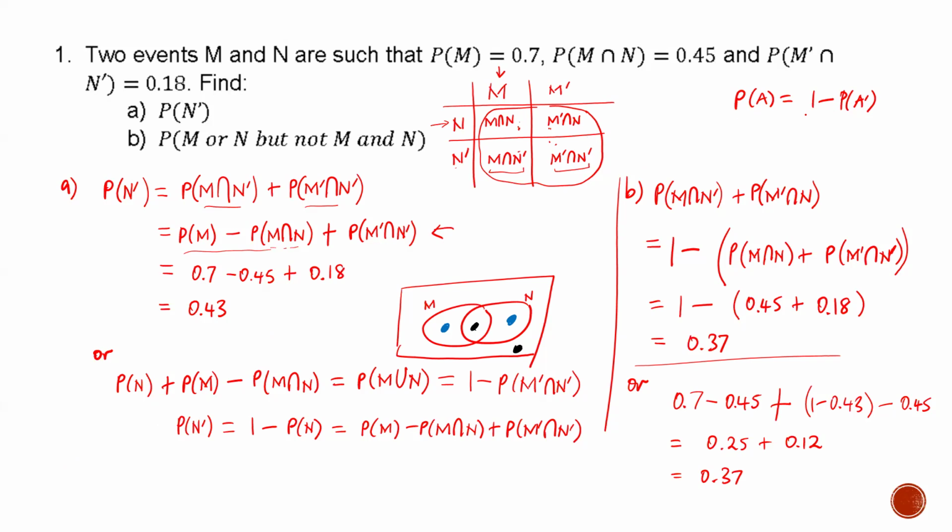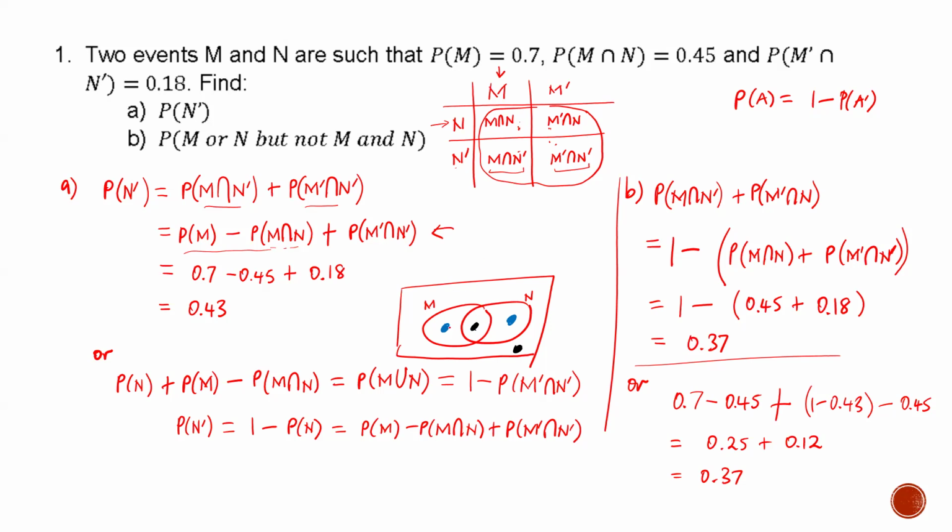I can say tomorrow it will either rain or it won't rain, but one of the two has to happen. Or I could say money will either lose or it will not lose. But one of the two has to happen.